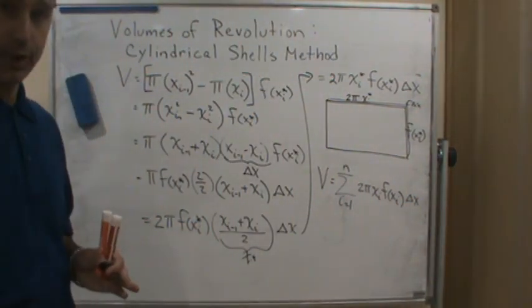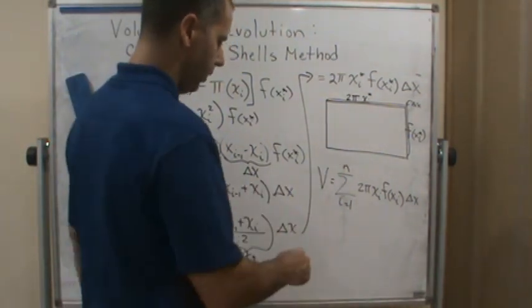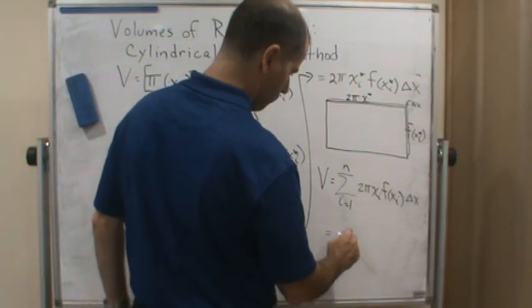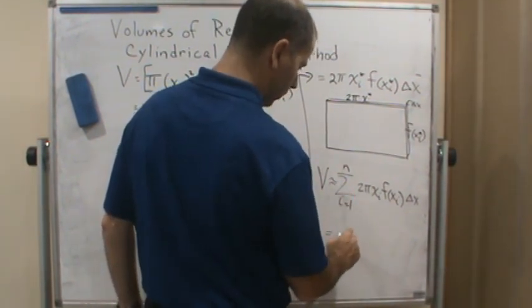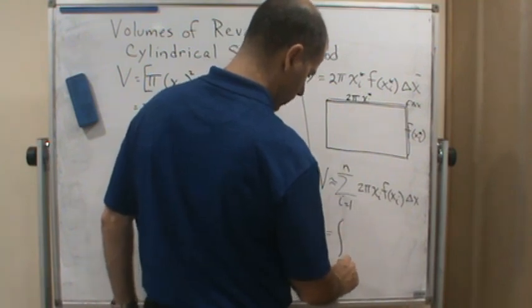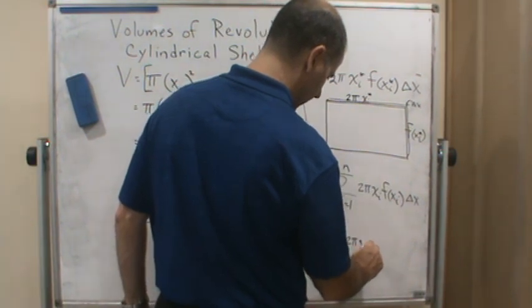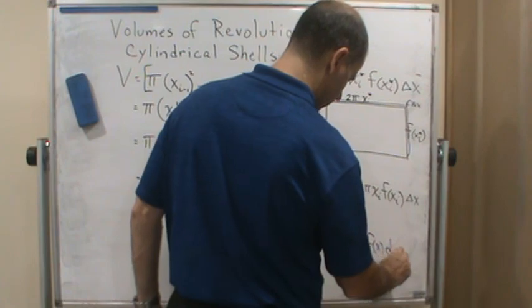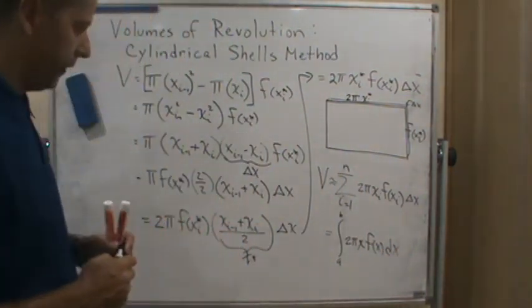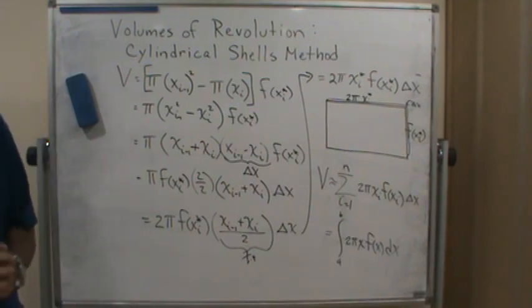This would be an approximation. Then if we take the limit as n approaches infinity, the volume equals the integral from a to b of 2 pi x times f of x dx. And that is the volume that we get using the cylindrical shell method.